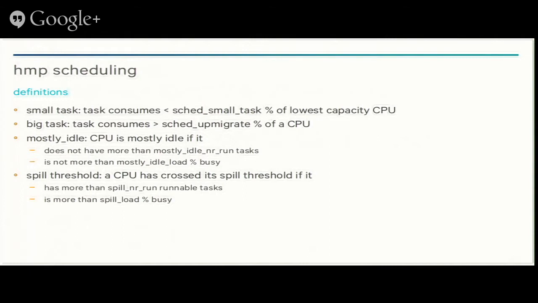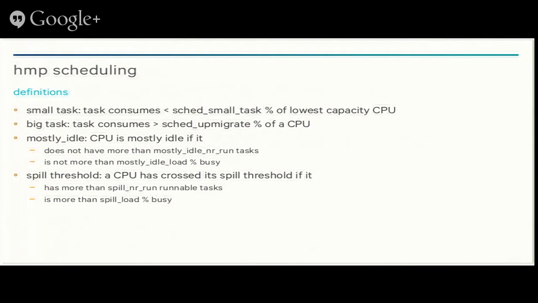But we have our sched small task tunable, which defines, as a percentage of the lowest capacity CPU, a threshold: if your task consumes less than that, it's defined as a small task, and we're going to treat that differently, which I'll get to in a subsequent slide. What is a big task? As I mentioned earlier, if a task consumes more than this percentage of a CPU, then it's too big for this CPU and we need to up-migrate it and find a CPU with higher capacity.